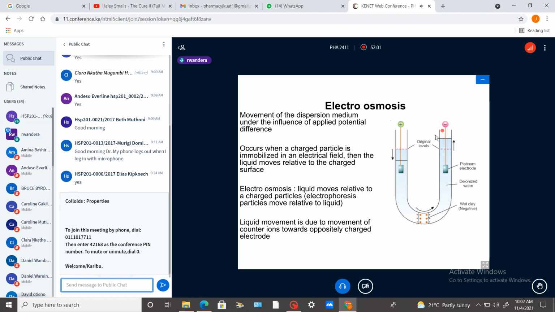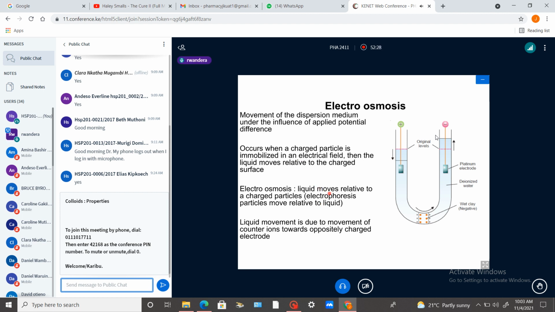And as a result of this movement, you'll find that your liquid will move. Remember, the positively charged counter ions are in the liquid. So as they move, the liquid also moves. So as I've said, it will occur when a charged particle is immobilized in an electric field, then the liquid moves relative to the charged surface.